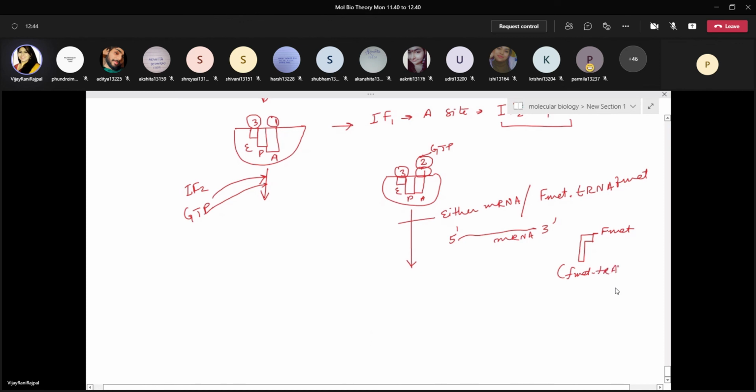We will cover it in another part, don't worry. In the upper part, there will be the structure of RNA and DNA, so we will cover the tRNA structure there: the clover leaf model structure, and then this 3-dimensional structure. Clover leaf model is a 2-dimensional structure. This is the 3D structure of tRNA, which is an L-shaped molecule. So this is tRNA fMet. Okay, either of the two can join. In any case, both have to join ultimately, right?